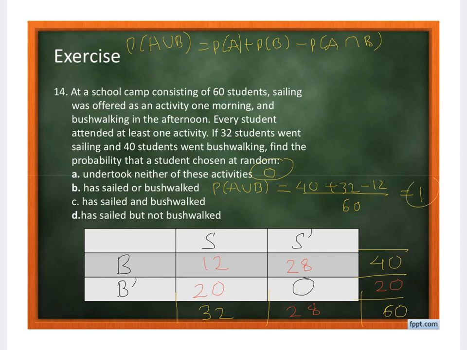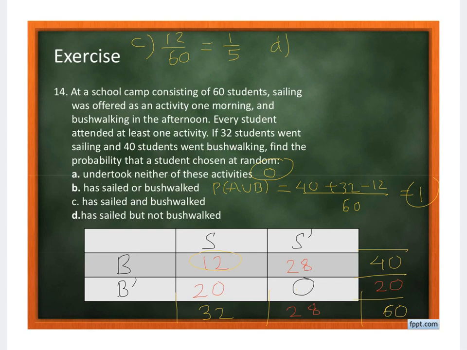For C, has sailed and bush walked. The probability is this one, 12 over 60, so 1 over 5.